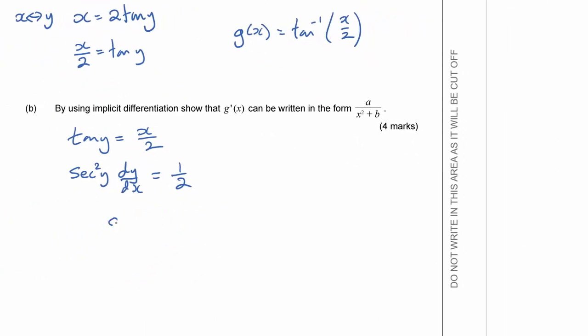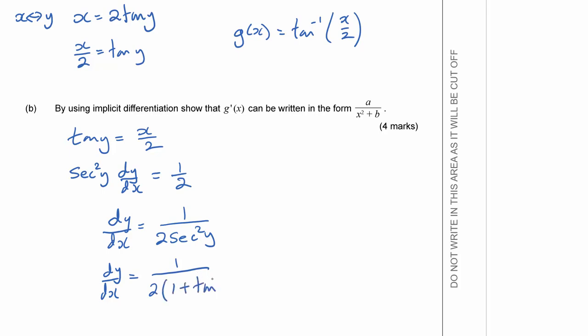Therefore, dy dx is equal to 1 over 2 sec squared y. Now, we know that sec squared y is 1 plus tan squared y.